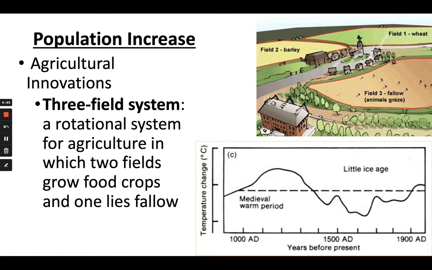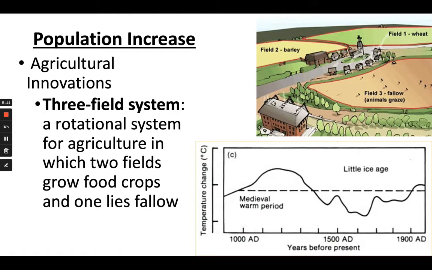Leading to increased growing seasons, larger yield from crops, leading to more food supply and thus more population. Now, around 1500, we will see a really dramatic drop in the temperature.